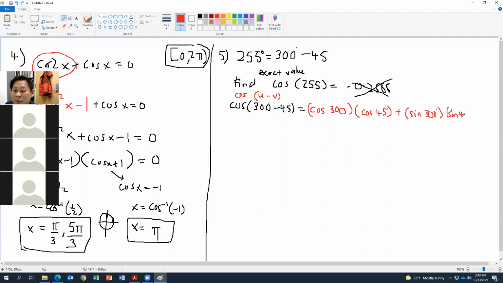And again, you have to use your unit circle to figure out what cosine 300 is. Anyone? 1/2. So cosine 300, which is this fellow, you get 1/2. And cosine 45 degrees will be √2/2. And what is sine 300 degrees?